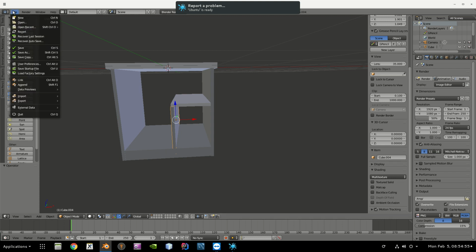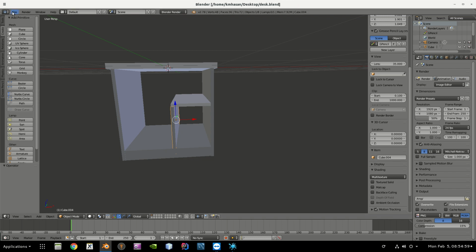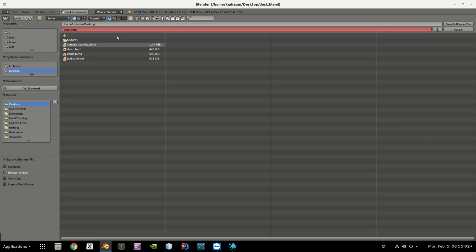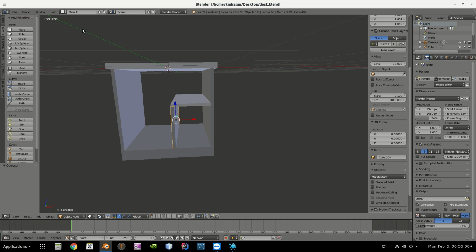Because if you look at this blend file, when I save it or go into save as, the extension that we are saving with is the blend format. What happens if you try to read that file? Let me show you right away.